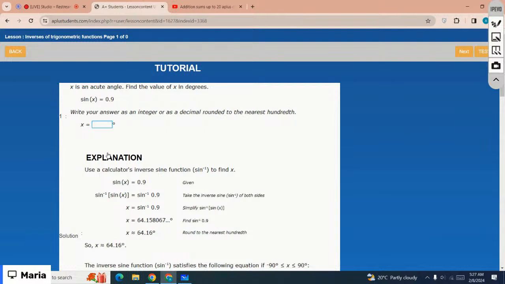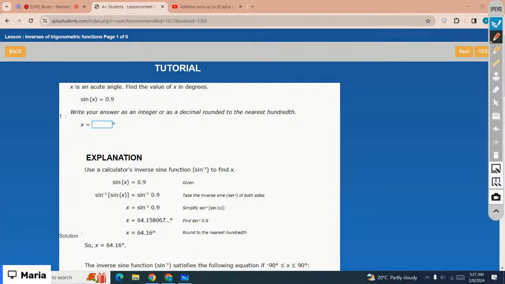You have to take the inverse of sine from both sides, because from this side you need to cancel out the sine, right? So sine and sine inverse cancel out each other, and here you have sine inverse of 0.9. You do not have a direct sine inverse button on the calculator. You have the shift button.